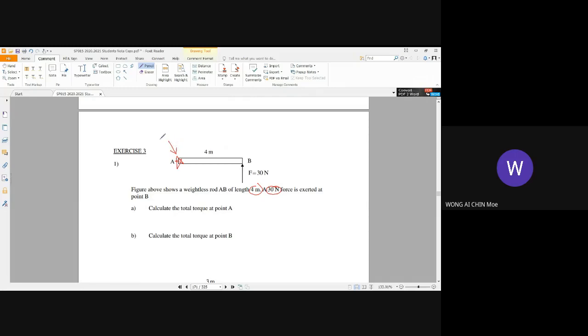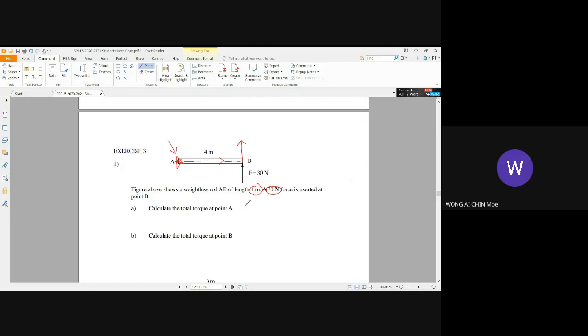Our radius from this reference point until point B, the point that F 30 Newton is exerted, is 4 meter, and the force is acting upward.